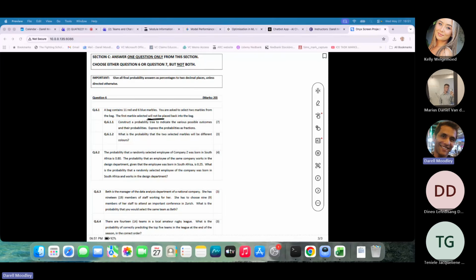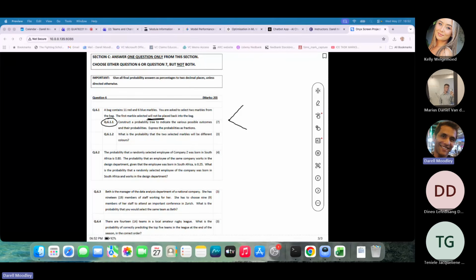The first question wants us to construct a probability tree. When you construct your probability tree, you start off with a single point here, and it splits because you have 2 options: you can either choose a red or a blue marble. Let's go with the case where we choose a red marble first.